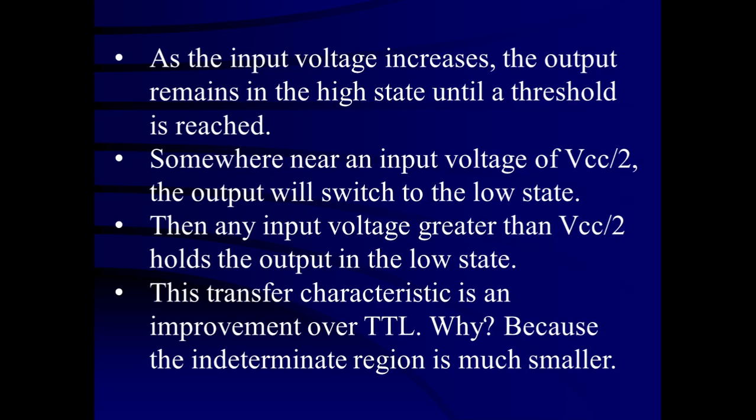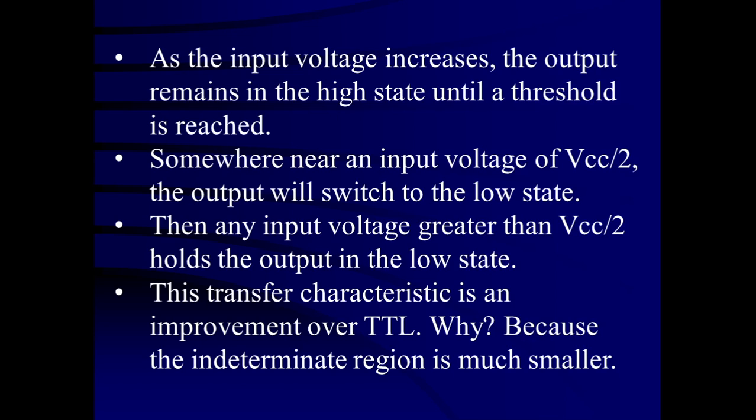This transfer characteristic is an improvement over the TTL. Why? Because the indeterminate region is much smaller. We have studied already the input TTL characteristics and output TTL characteristics. In both these characteristics, there are three windows: low window, high window, and indeterminate window.